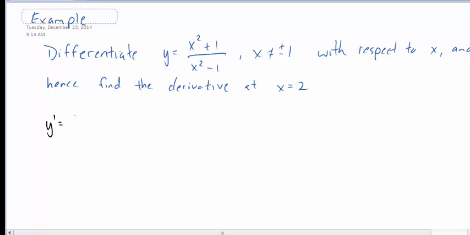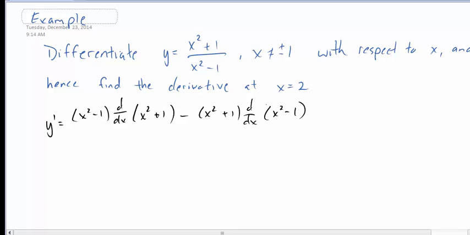So low d high, so there's my low d high minus high d low, all over low squared.